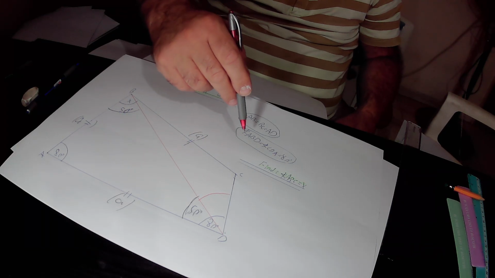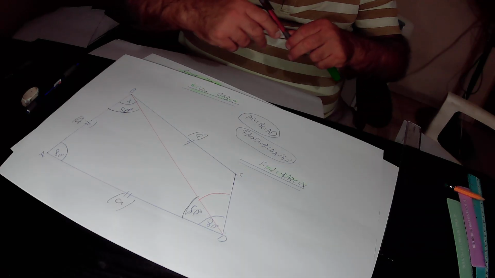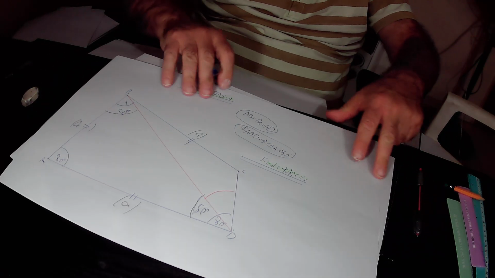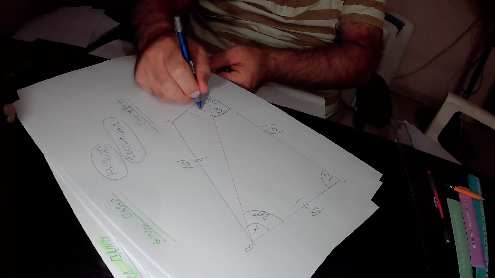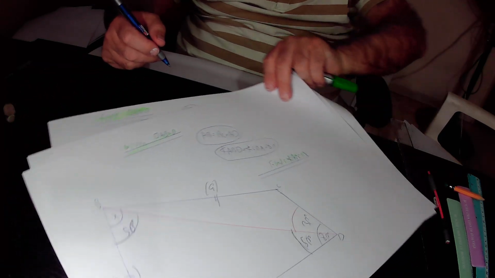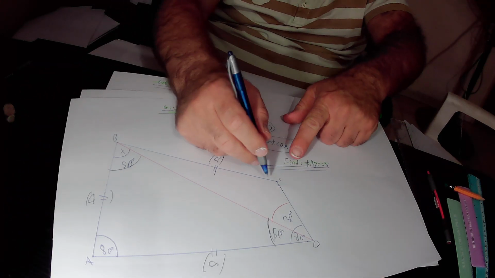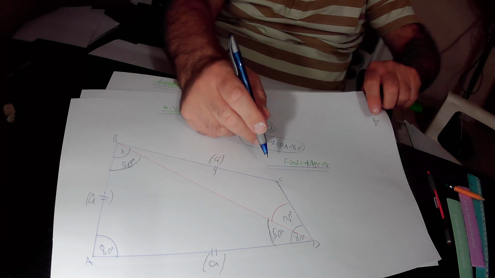So angle CDB equals 30 degrees in its size. In the next step, we will define this big angle BCD as beta.